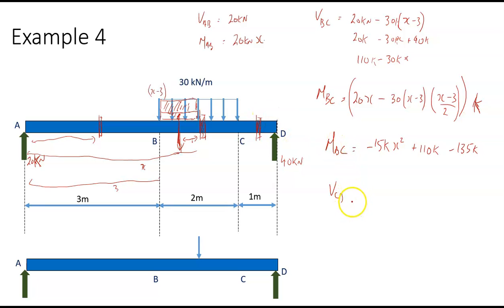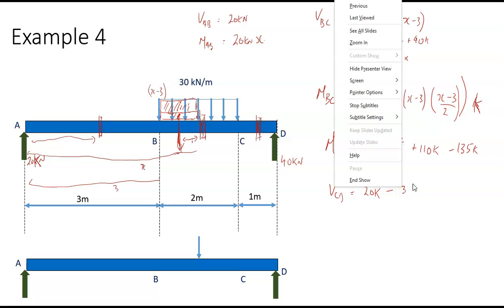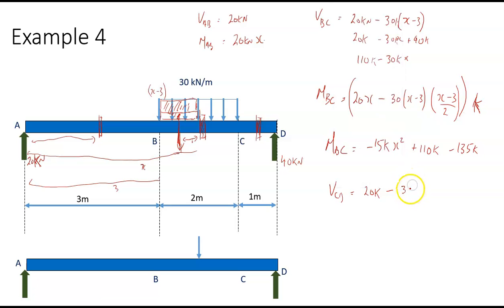So on the left-hand side, that is equal to 20k minus 30k by 2. So 2 meters there, which is equal to 20 minus 60, which is minus 40, same as that guy, which is as predicted.